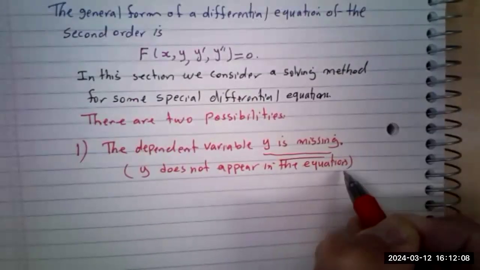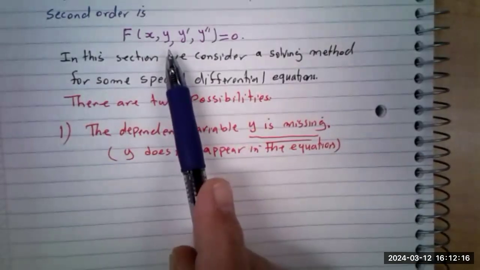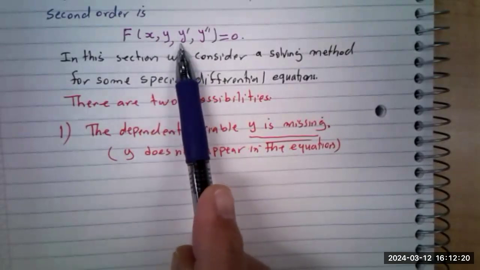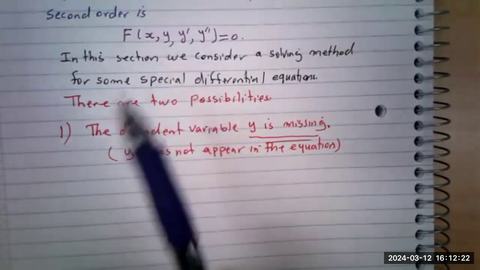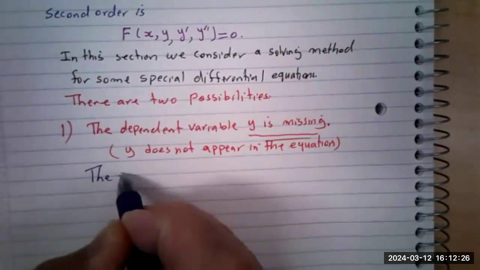So if the y is missing, we refer to it as case one from now on. Look at this chart. If y is going to be missing, your equation should be an equation of x, y prime, and y double prime. This is the one that we're going to solve.